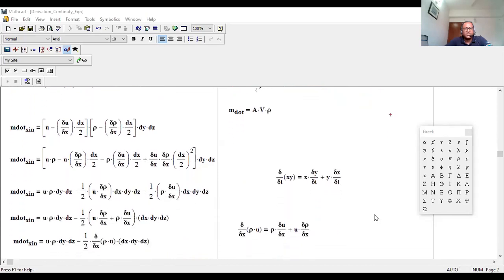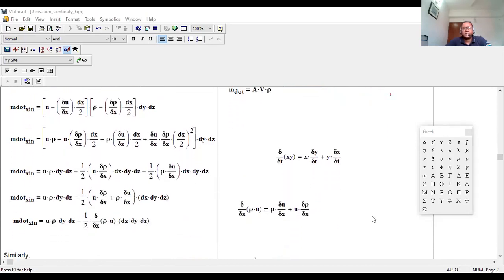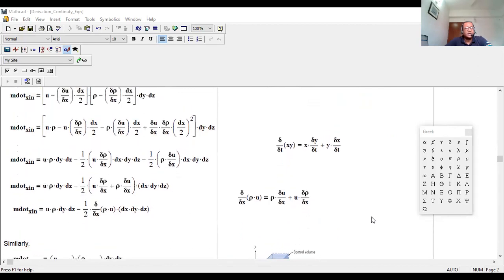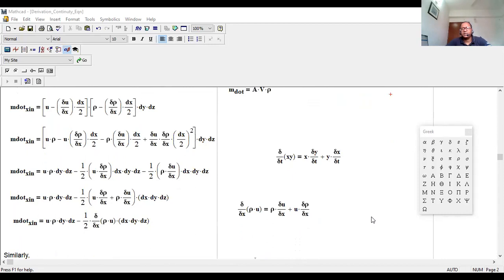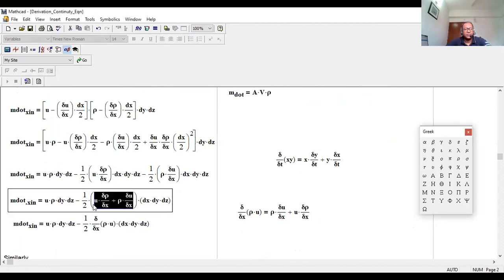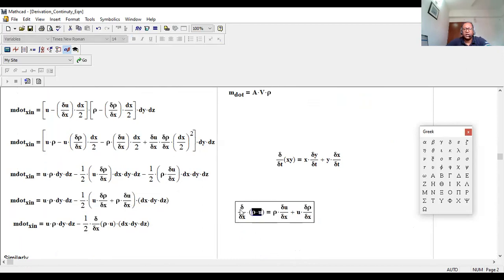So we are just right here. We would like to figure out how much mass is entering through the x-axis at the left side. After rearranging, we are getting this term. If you look carefully, this term is actually the derivative of rho u by del x, like the derivative of uv.